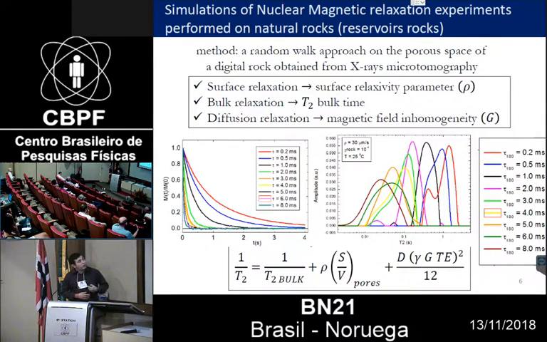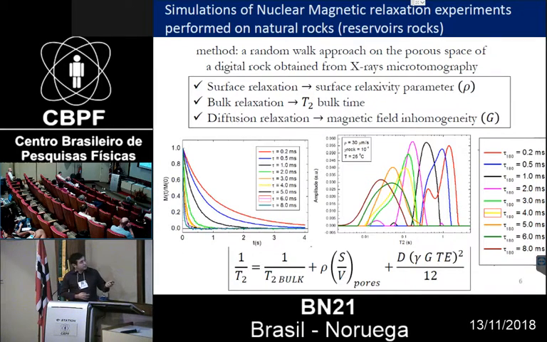What we are interested in is that nuclear magnetic relaxation has three main effects: surface relaxation, bulk relaxation, and diffusion relaxation. We are most interested in modeling the magnetic field inhomogeneities to see if there is some bias in our analysis with the usual methods to get the T2, which in many cases ignore these inhomogeneities. So this is the theoretical model. We are focused on modeling this to get the properties right.